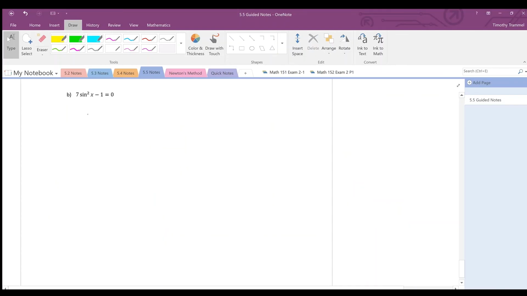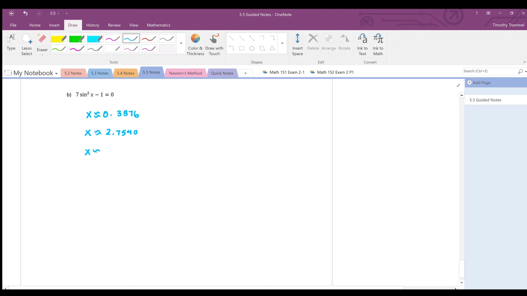Now that we're back in OneNote, let's write those solutions down. The one that we found here together was x is equal to 0.3876. And then if you went and found the other 3, you might have found another solution is 2.7540.